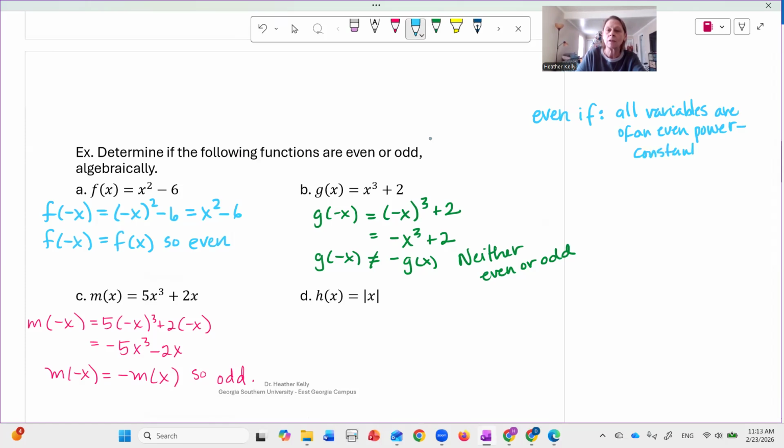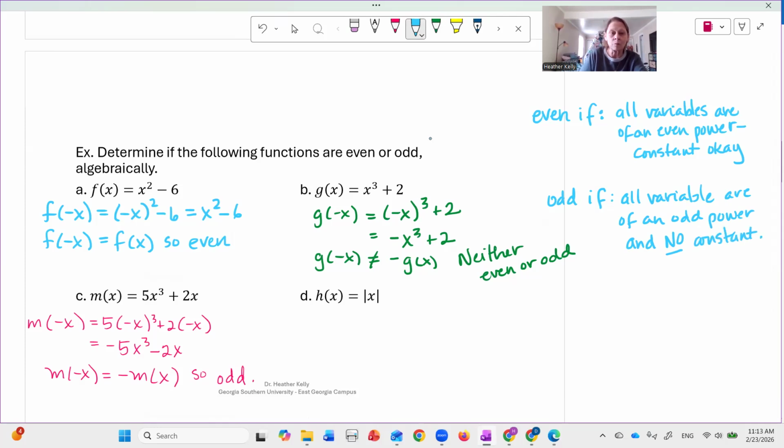So if you have a constant in the equation, that's okay. It's odd if all variables are of an odd power and there is no constant.